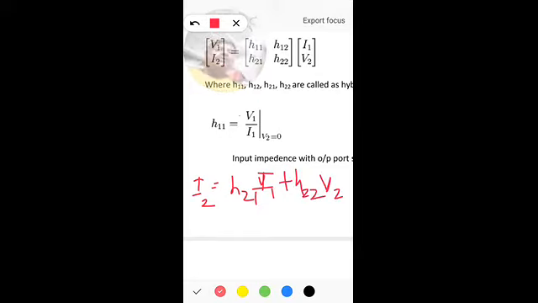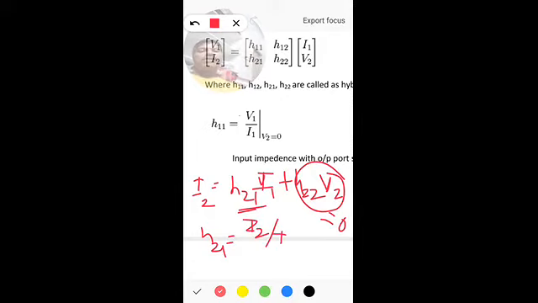To find h21, the second term is reduced to 0 by short circuiting the output terminals. This second term h22 V2 can be reduced to 0, and now we can write the equation for h21. h21 is equal to I2 by I1, where V2 is 0. So the ratio h21 is I2 by I1, the ratio of current gain, so it is called the forward current gain.